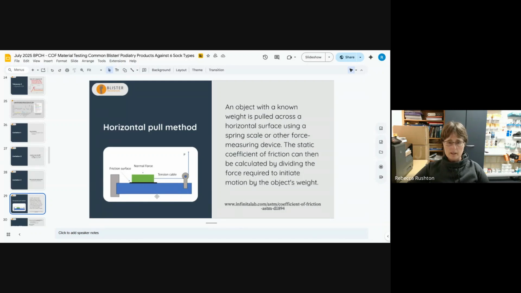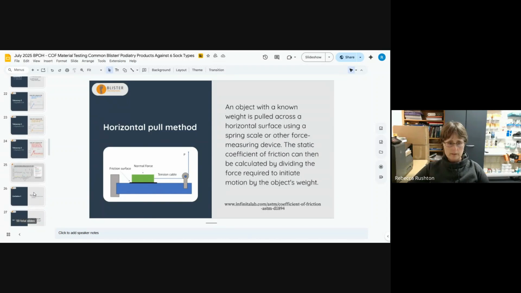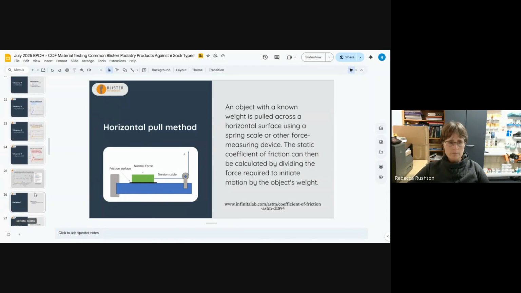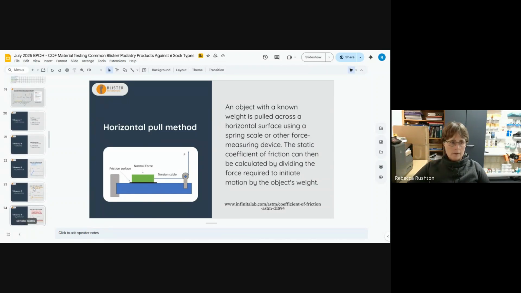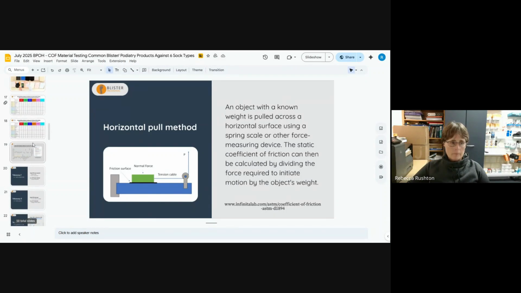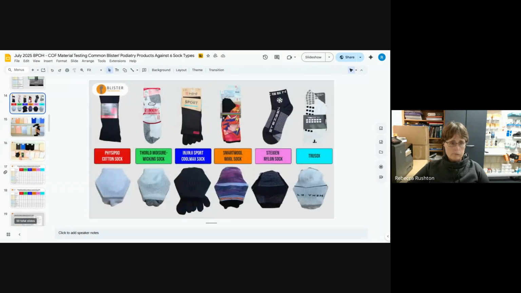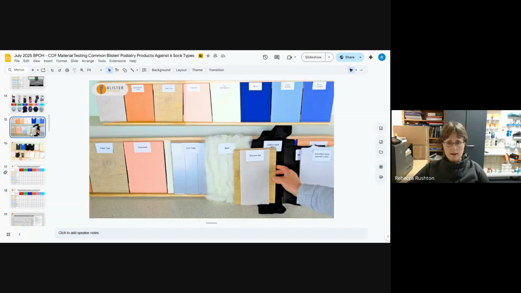I don't know if you can just buy this instrumentation, but I'm sure there are labs that have them, using an array of socks, an array of materials. I think that would be fascinating.